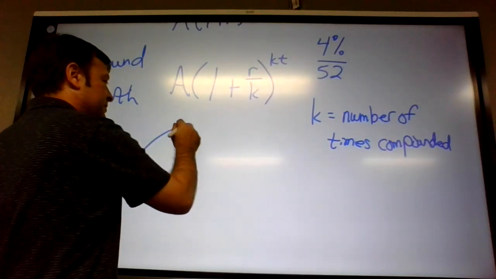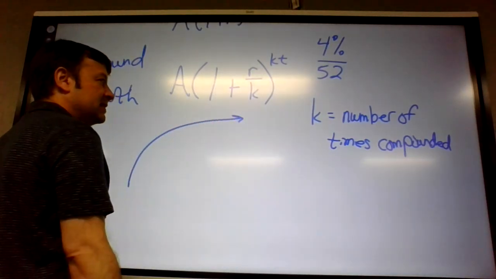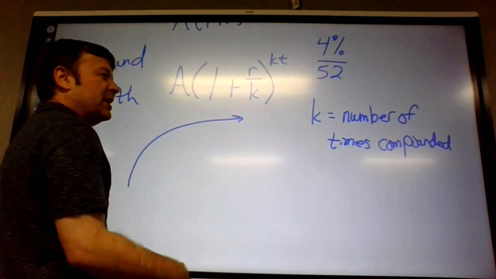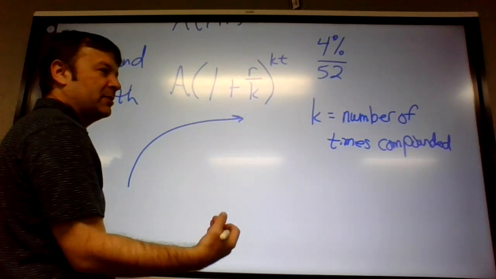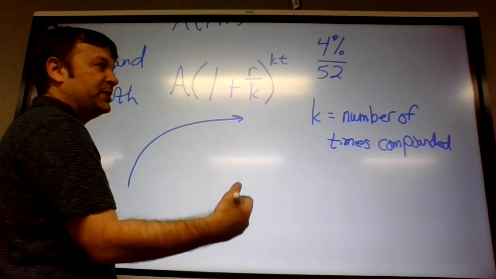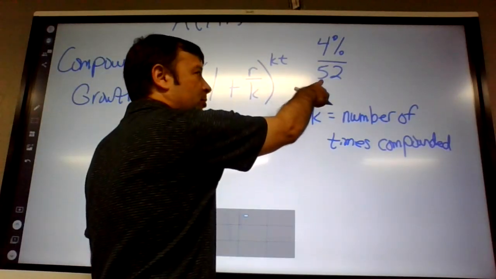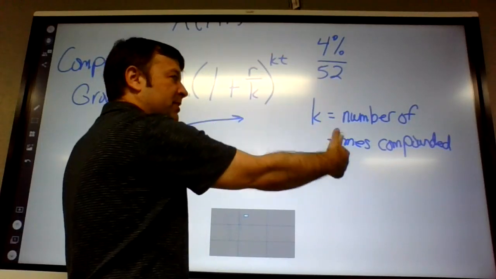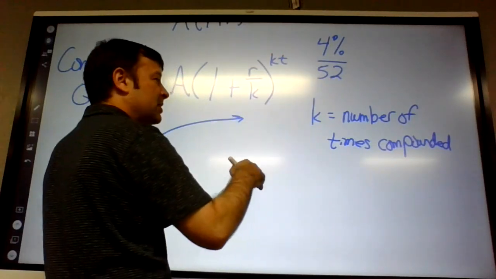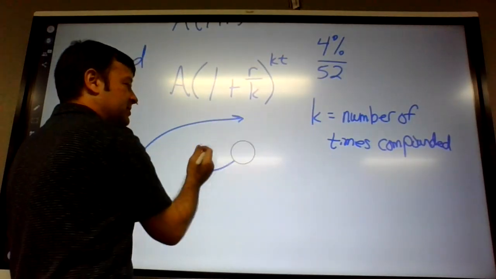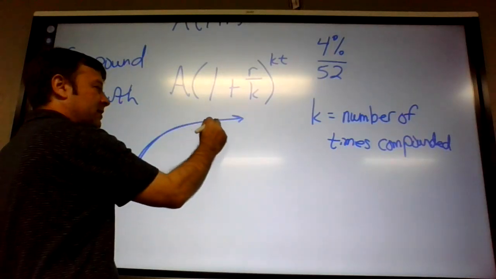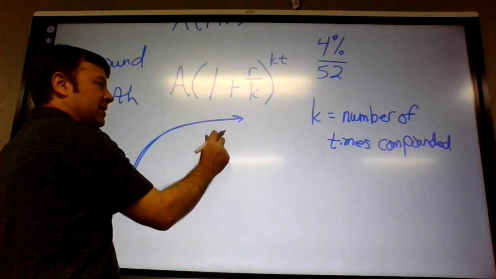It kind of levels off. So if you're getting paid 12 times a year, you'll get paid a little bit more. If you're getting paid 52 times a year, you get paid a little bit more than that. If you were getting paid 365, that would be a little bit more. But it doesn't go up like this. It starts to level off, like not give you as much.